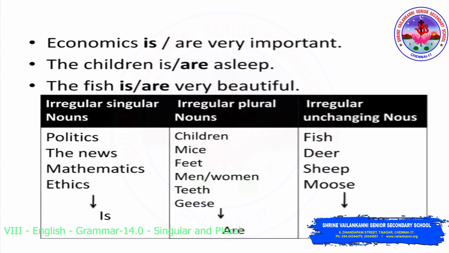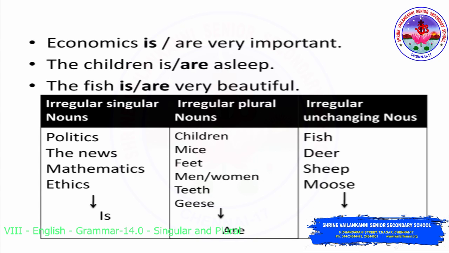Geese is nothing but the plural of goose. So here we don't use the letter S at the end of the word, but it's still in plural form. And here we use the verb are. Okay. Noun plus are.